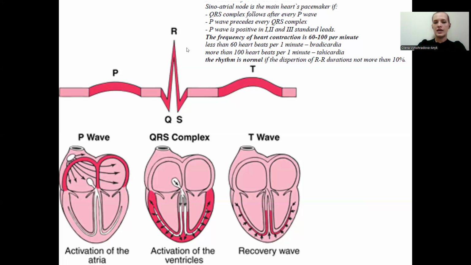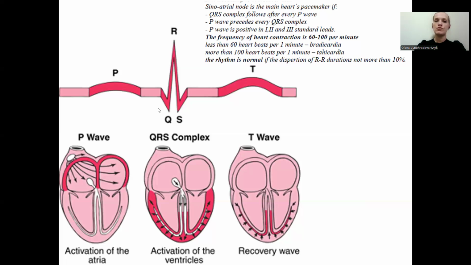And how can we understand whether the SA node works or doesn't? An important sign is that the QRS complex follows every P wave. The P wave should obligatorily be positive in the first, second, and third standard leads.